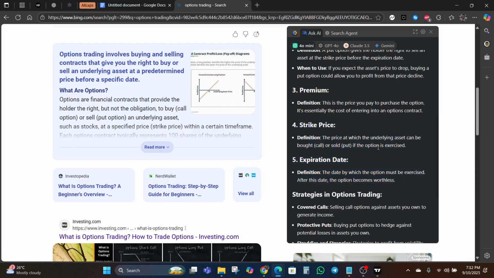Now, when you are just starting out, the best way to learn is by practicing. That is where paper trading accounts come in. Paper trading allows you to practice in real market conditions without using real money.